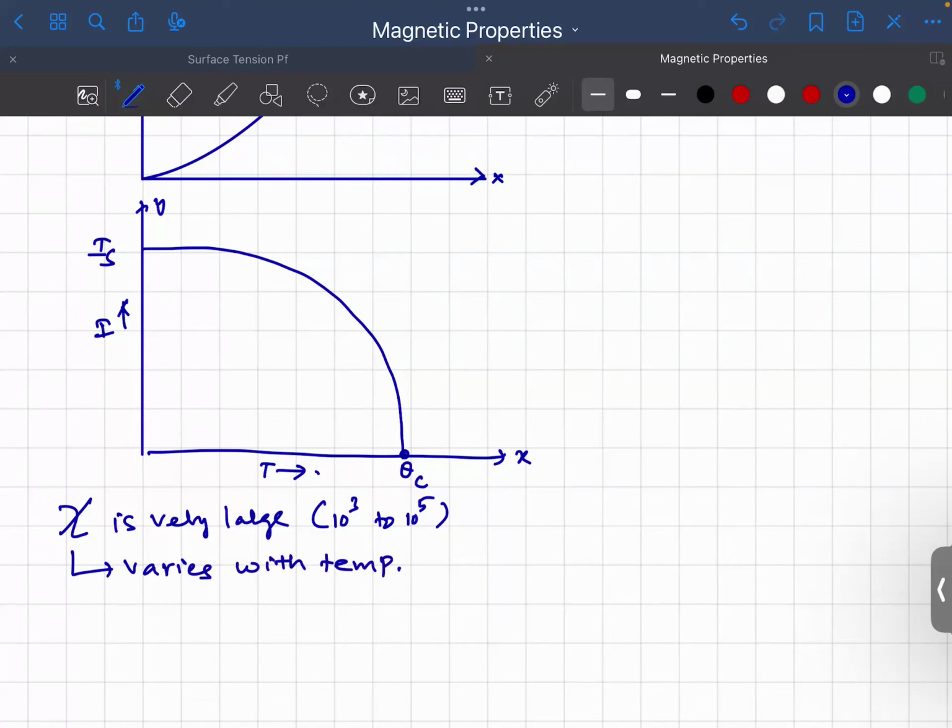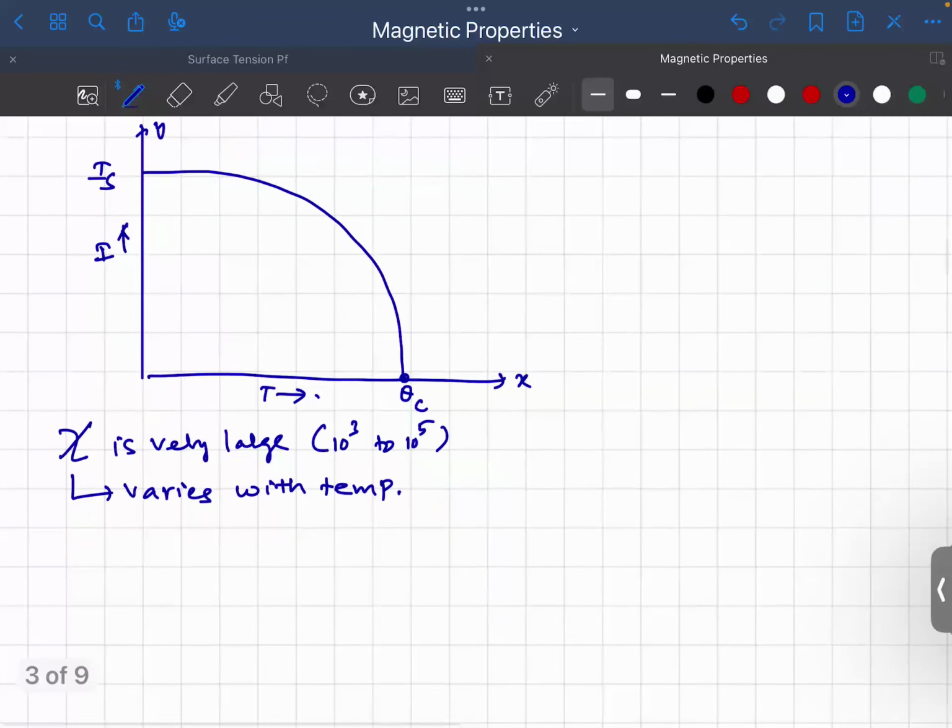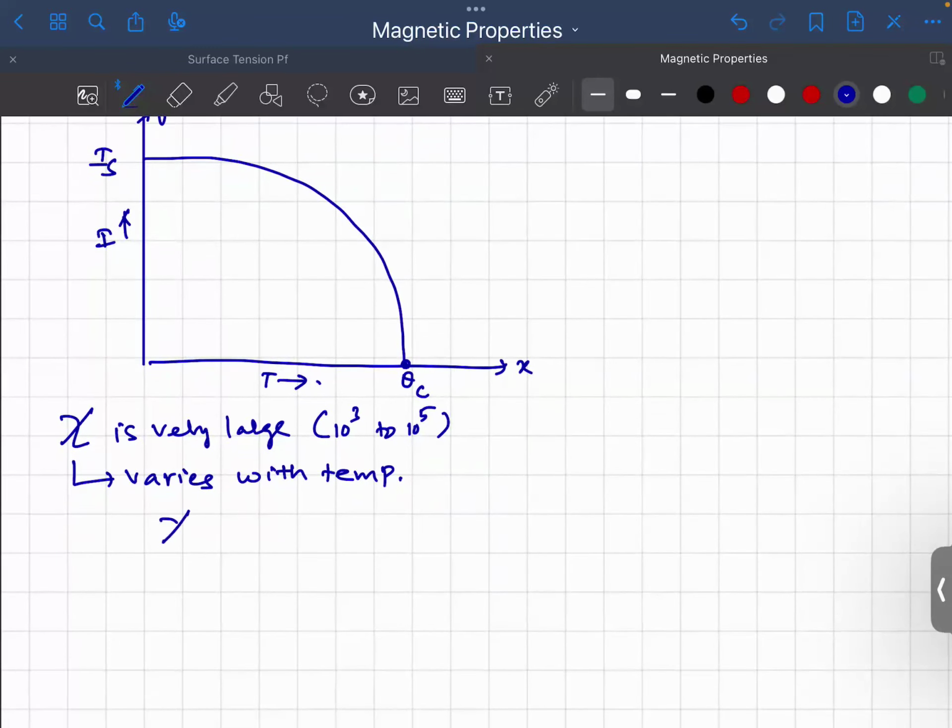But unlike Curie's law, here susceptibility is inversely proportional to T minus Tc. And remember, this is not Curie's law. This is called the Curie-Weiss law.